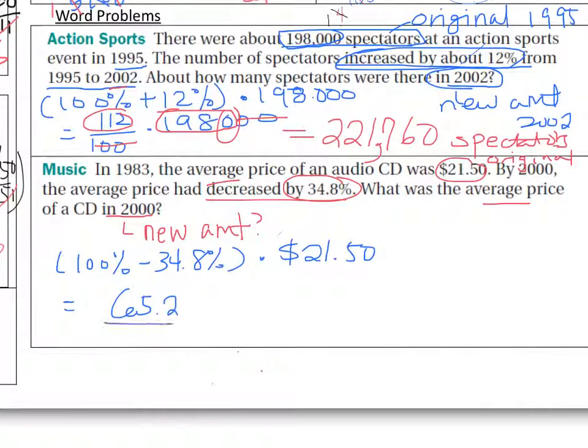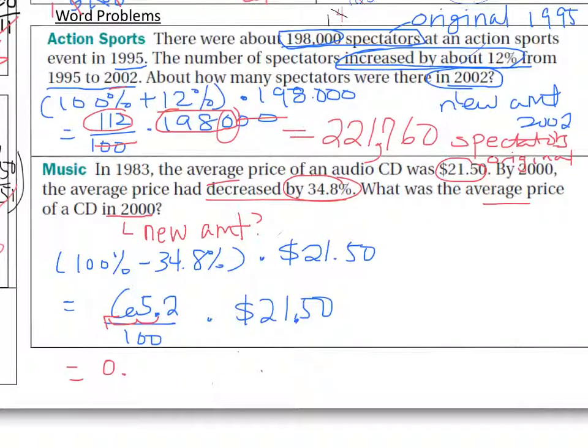I'm just going to write that over 100. Okay, we copy $21.50. And since I have two decimal numbers, it's too much work to simplify, so I'm just going to go ahead and shift the decimal place 2 places to the left, 0.652.